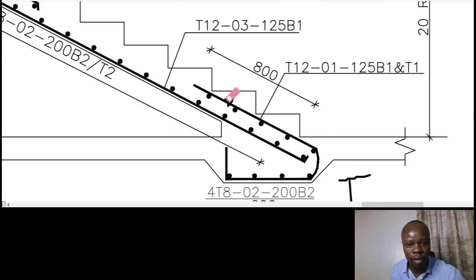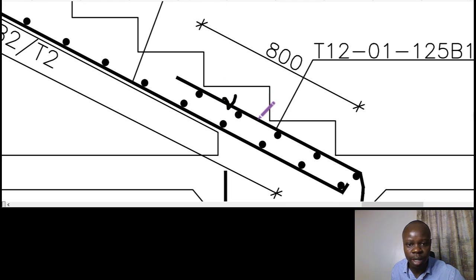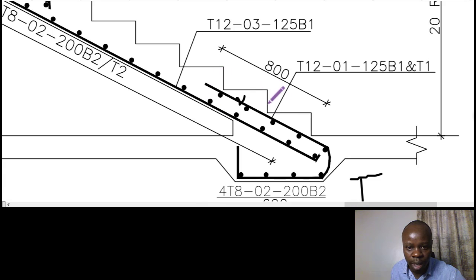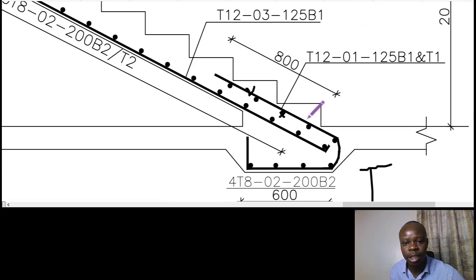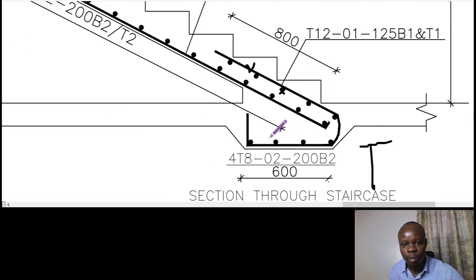When you look at it for the first area where it has been indicated, this is the one here, it's top 1 in relation to this bar. You can see there is a bar under it, so it's top 1 in that sense. But when you go to the side, to the thicknessing point, it's bottom 1. It's going to be the first layer of the bar at the base of this in relation to this point.